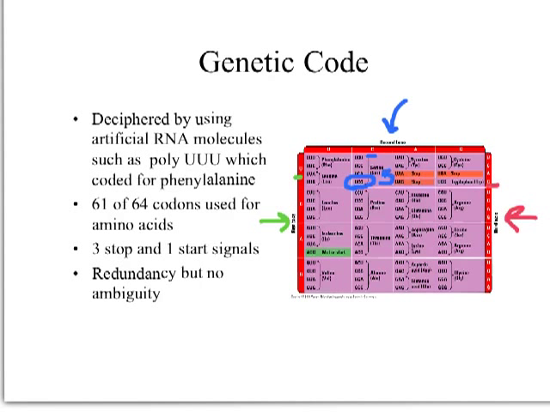So you can see that we can have multiple codes for the same amino acid. So we have a little bit of redundancy, but there's not really any ambiguity. This is actually a good thing because, say there's a mistake in a codon of the DNA.